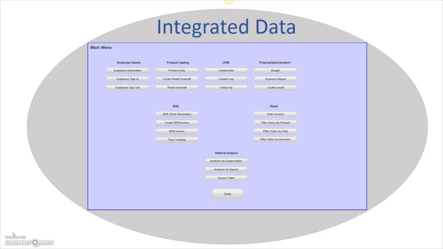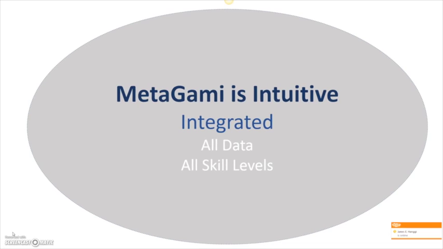And then the fourth thing that you do is you drag and drop to create relationships that allow the data, once changed in one location, to be reflected elsewhere. Thus, the ability for the data to be integrated, as I mentioned. MetaGami is not only integrated from a data perspective, but from a skill level perspective as well.